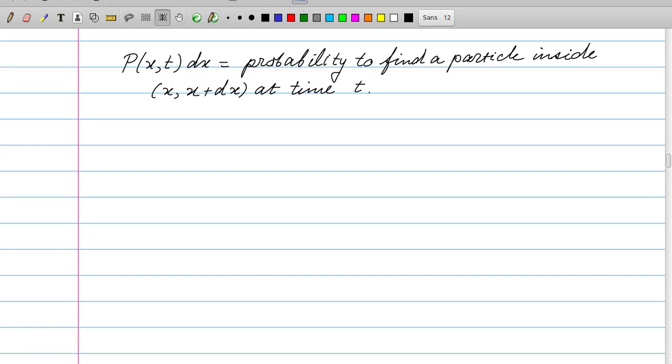When we were analyzing the Langevin equation for v, we also were interested in finding the probability distribution for v as a function of t. Now we have moved to the analysis of x, so it's natural to look at a probability distribution for finding a particle at position x, and that means that obviously p(x,t) times dx is the probability to find a particle inside the small interval dx running from x to x plus dx at time t, so it's a time-dependent probability.